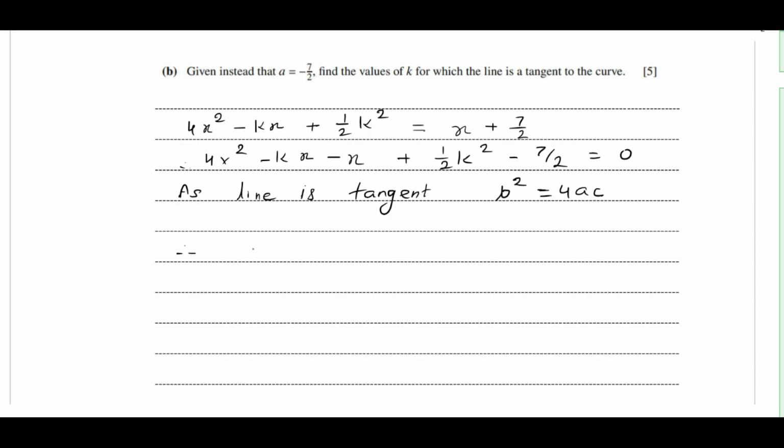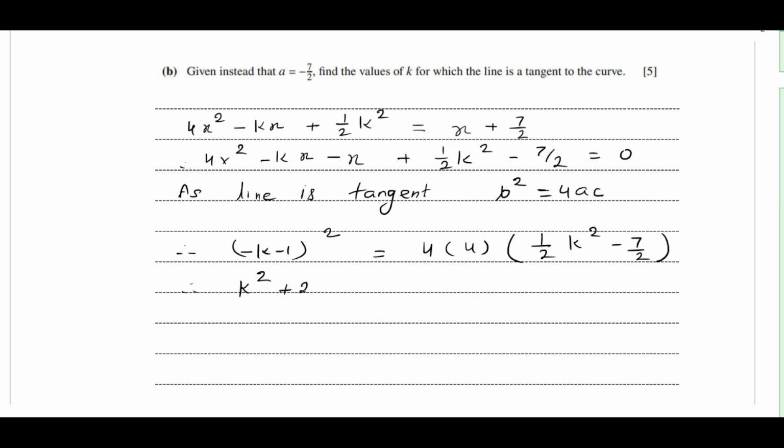Here the value of b is minus k minus 1. So (minus k minus 1) the whole squared is equal to 4 times a, which is 4, and c is 1 by 2 k squared minus 7 by 2. So on the left, (minus k minus 1) squared is the same as (k plus 1) squared.